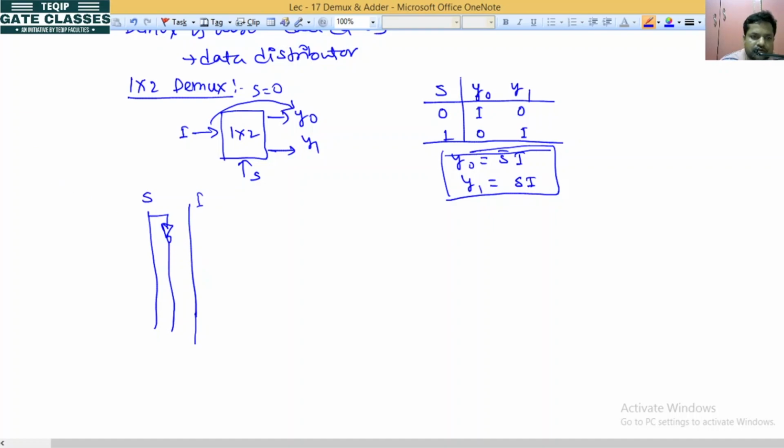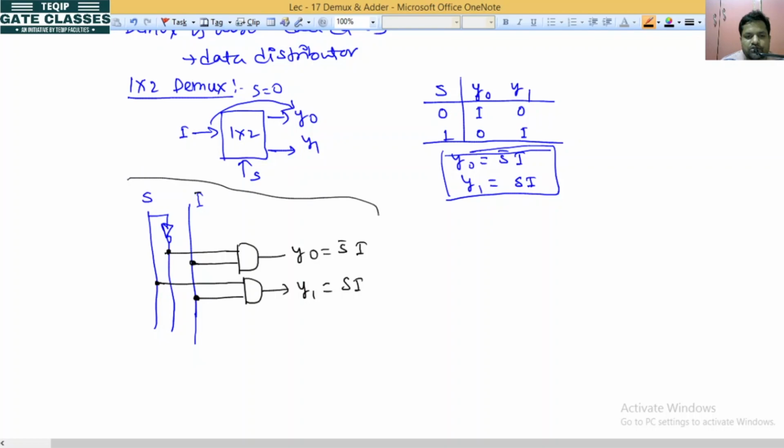From here we have S bar I: S bar from this, I from this. Just connect these two with the AND gate, you will get y0. Now SI: S from here, I from here, so you will get y1, that is SI, and this one is S bar I. So this is the circuit for the 1 cross 2 demux.